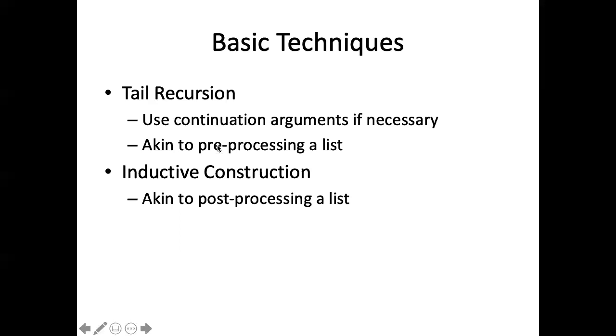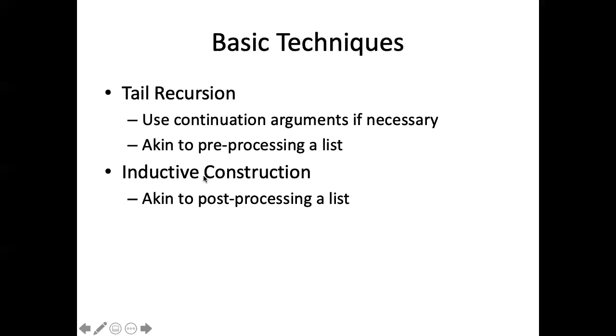Effectively, we are doing some operation on the first element of the list, taking that result, and passing it as a continuation argument recursively along with the remainder of the list.